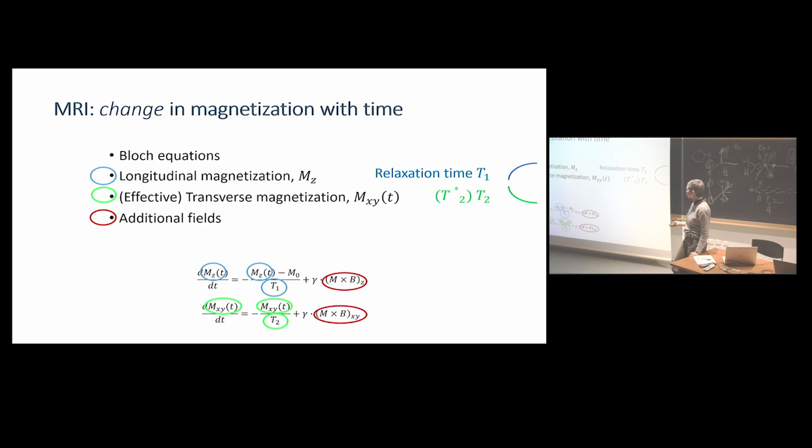Then we have an extra bit here. These are additional local magnetic fields. We can put a lot in here: the RF excitation, the spatial encoding, whatnot. But in terms of MR contrast, we are more interested in the magnetic susceptibility.